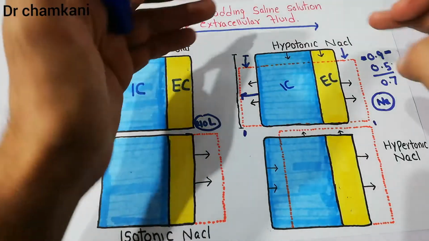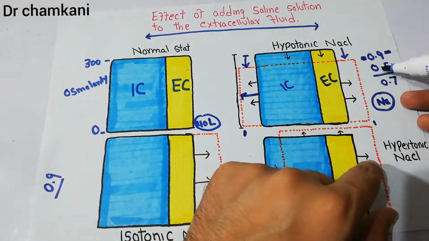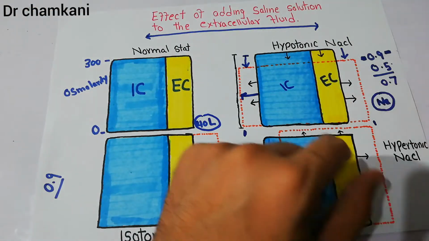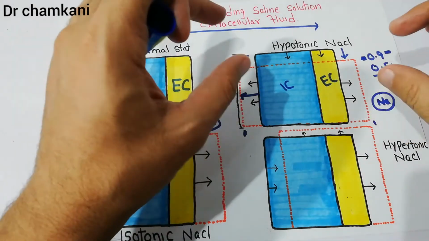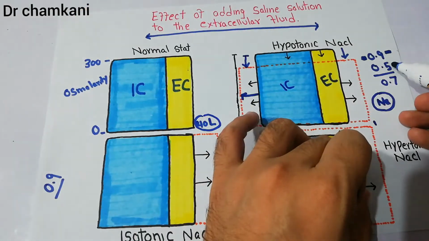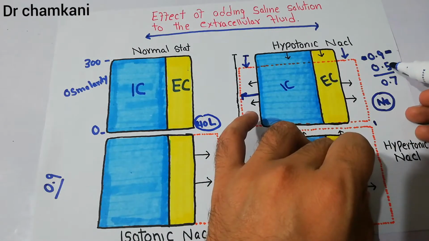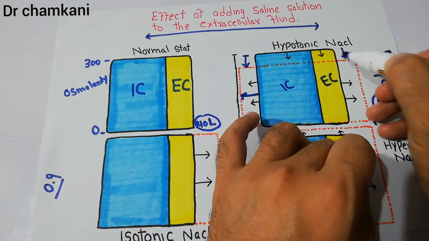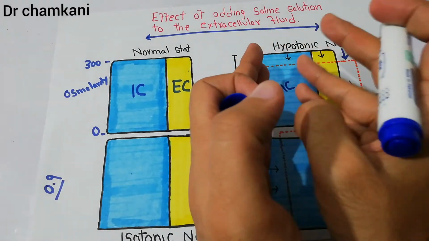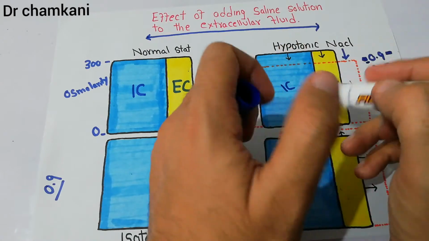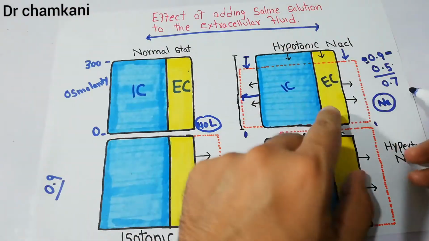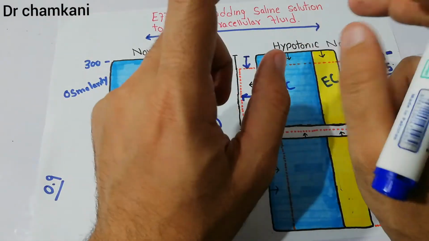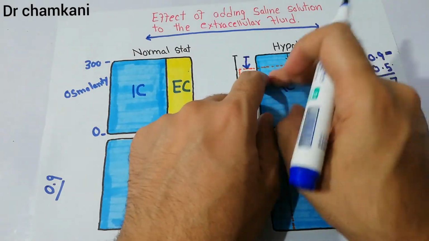Both the volumes will increase, and the osmolarity of both will decrease due to this hypotonic fluid. It is obvious that if we add a hypotonic fluid to this fluid, it is going to bring down the osmolarity. And as the sodium is not moving outside the cell membrane, only water is allowed to move. The amount of sodium chloride, the ions inside the cell, remains the same.